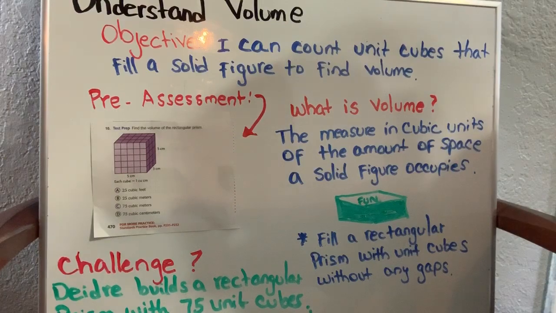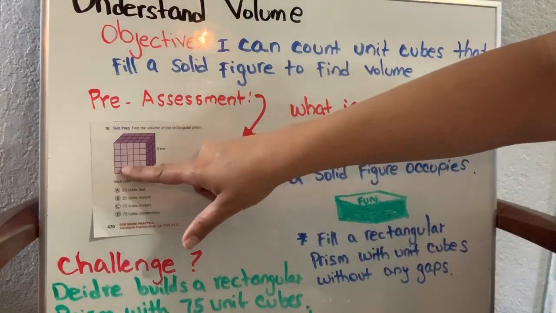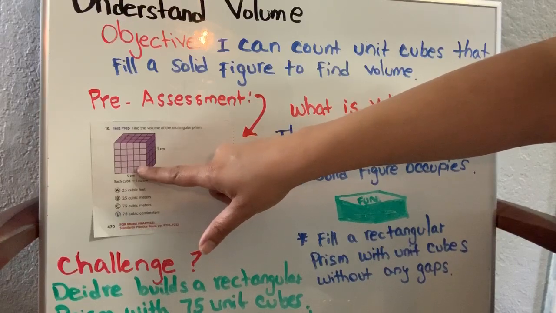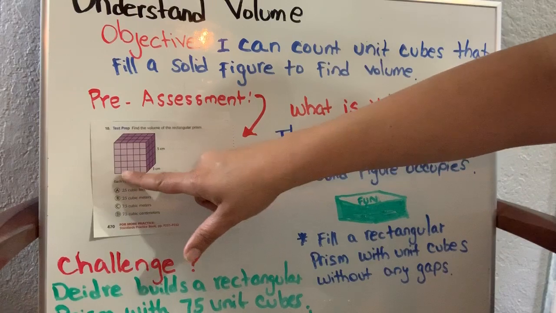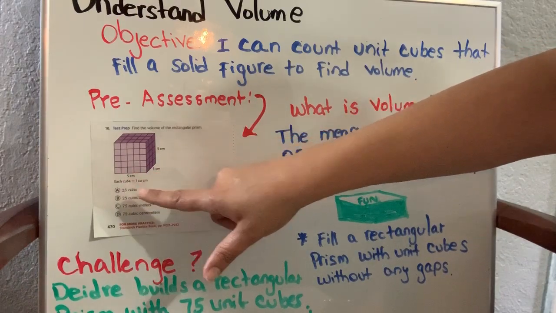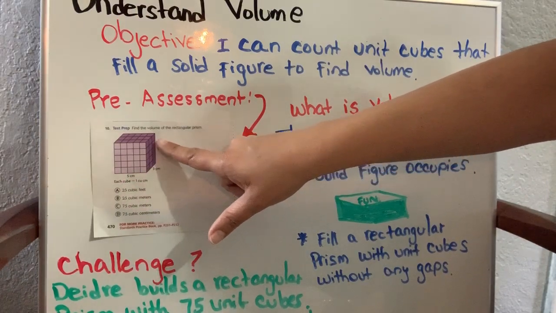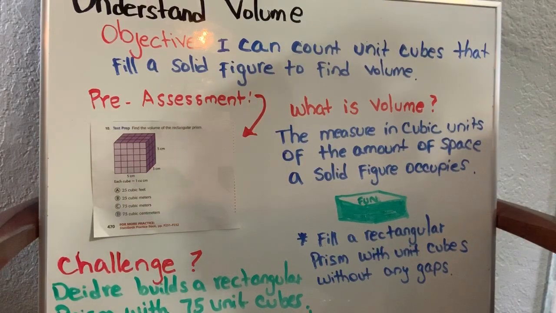So whenever you're doing your volume, you just need to count each one of the unit cubes, or if you want to do it faster and easier, you could just multiply the length times the width times the height, and then you'll know the volume of, in this case, your rectangular prism, okay?